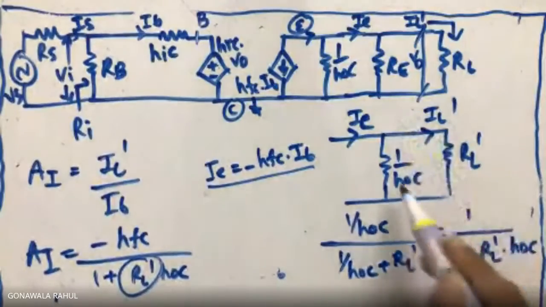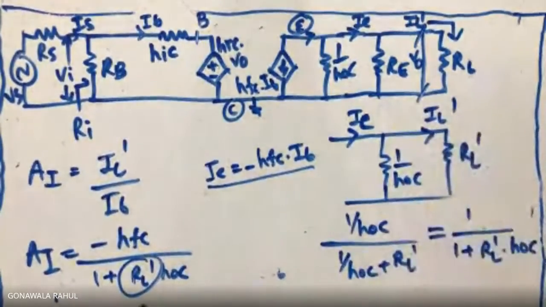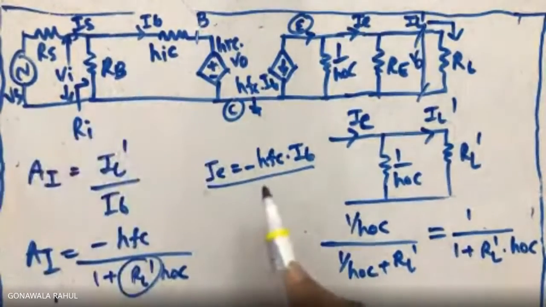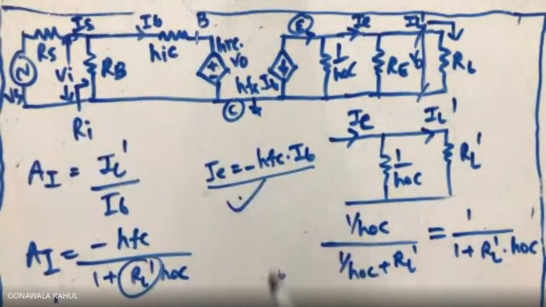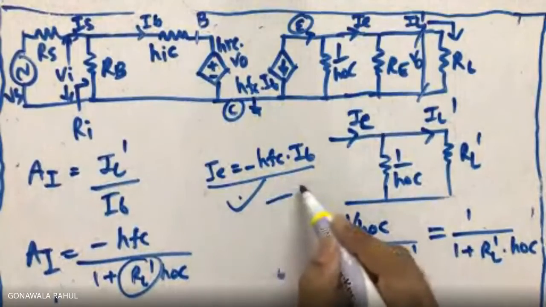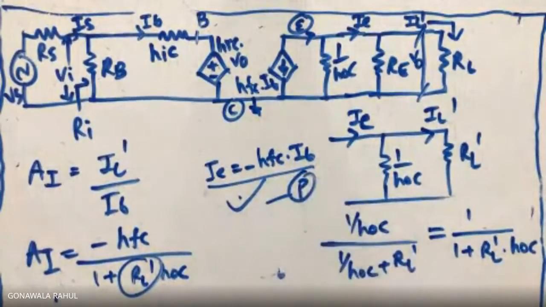Now, as we know, what is RL dash? RL dash is RE parallel RL. You can write it that way also. Clear? Now, the important thing is this: this equation is also very important. Put it as equation number P, for example.